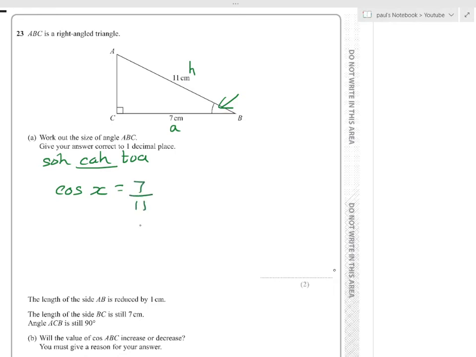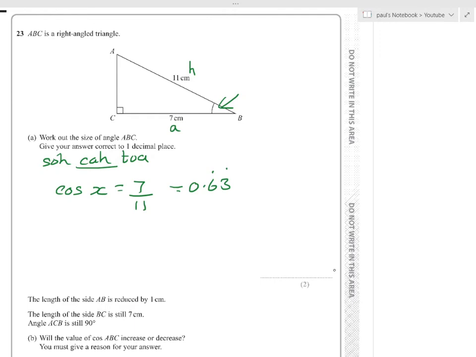So 7 divided by 11 is 0.63 recurring, so leave it in the calculator, and then we're going to convert that to an angle. So go shift cos of whatever that answer was, and we get 50.4 degrees or thereabouts.